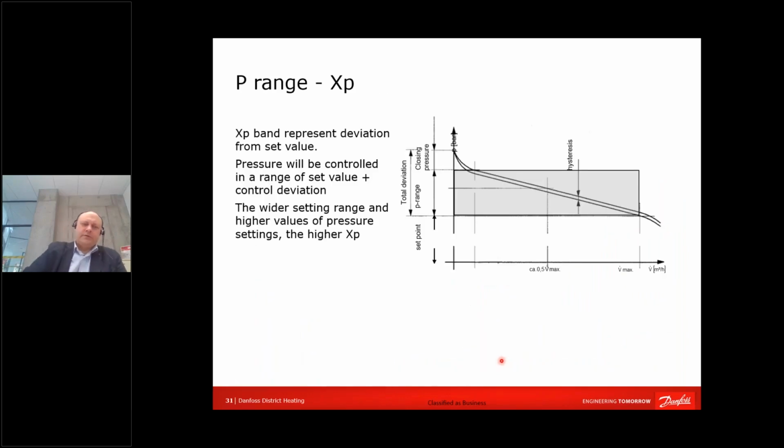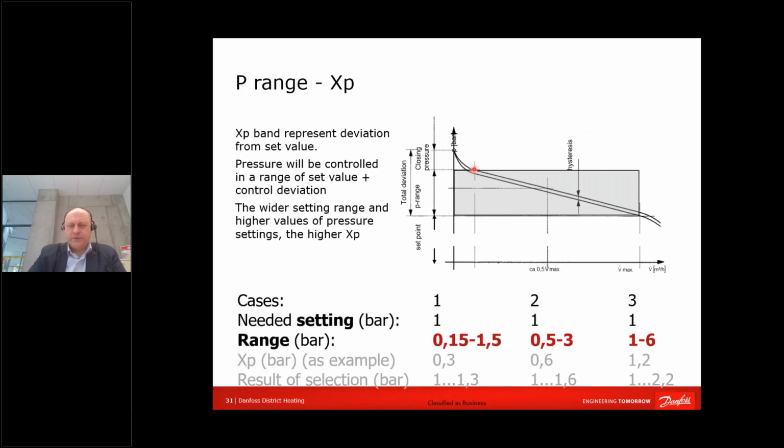Differential pressure controllers are proportional valves, and they are acting with some error, which is called P range or proportional deviation. When you set the valve at 100%, with a decrease of the flow, you will face an increase of pressure across the valve. Here is an example of 3 cases, 1 to 3.